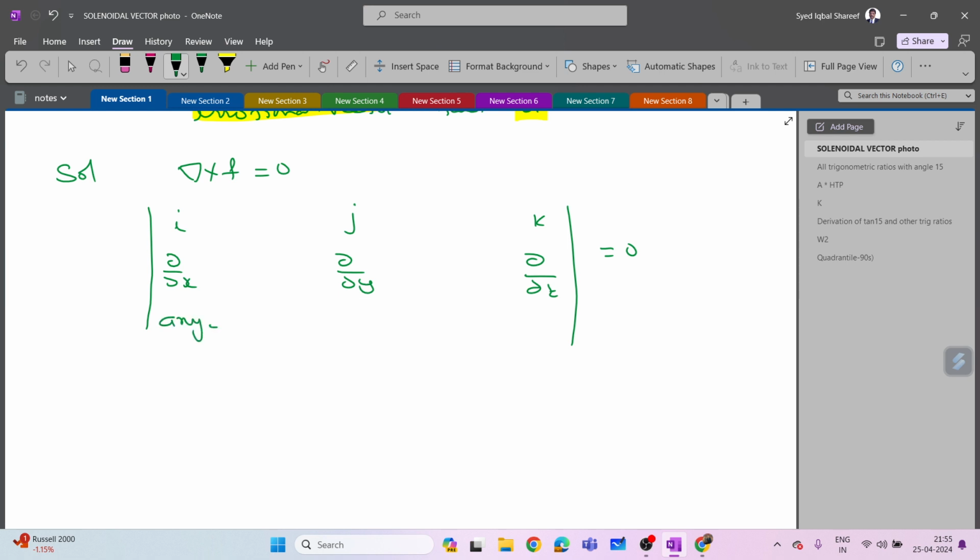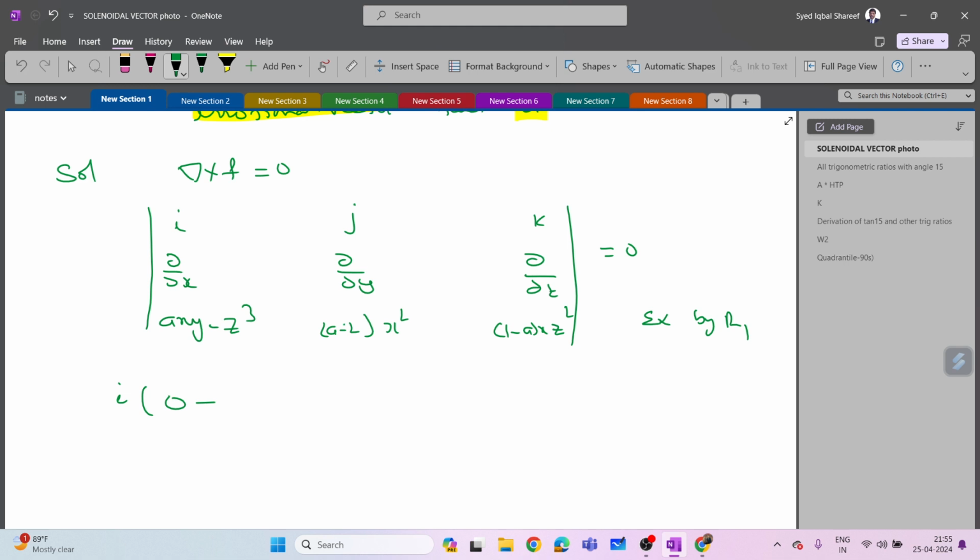axy minus z cube, (a minus 2) x square, (1 minus a) x z square. Now expansion. Now I am expanding by R1. For i, if you go with dou by dou y of this, it is completely 0.